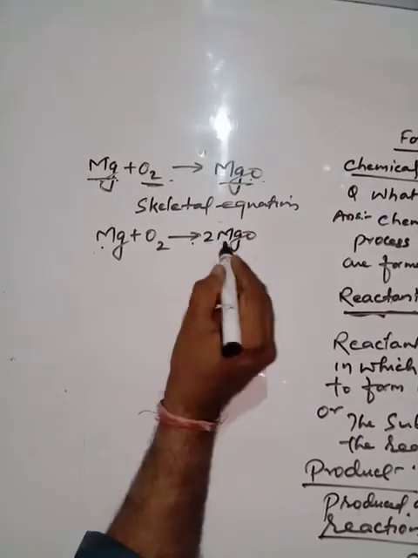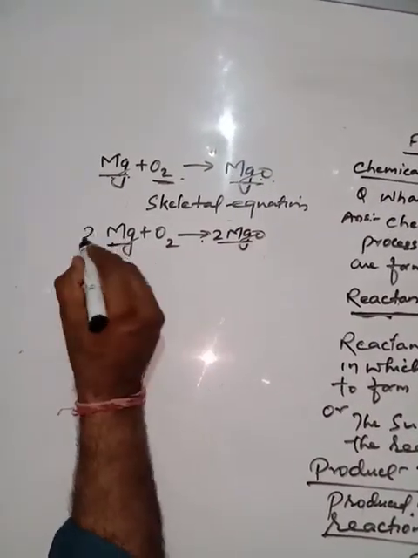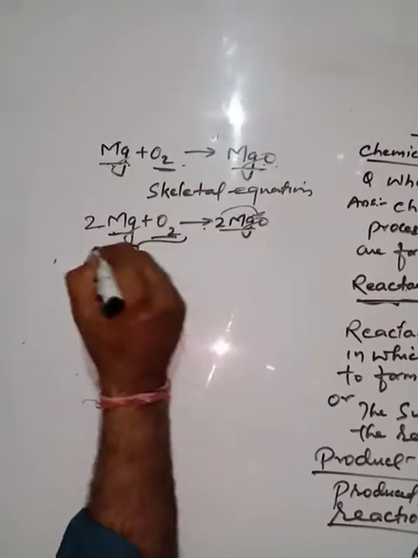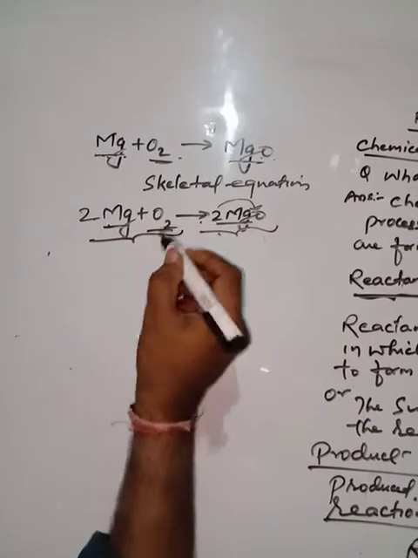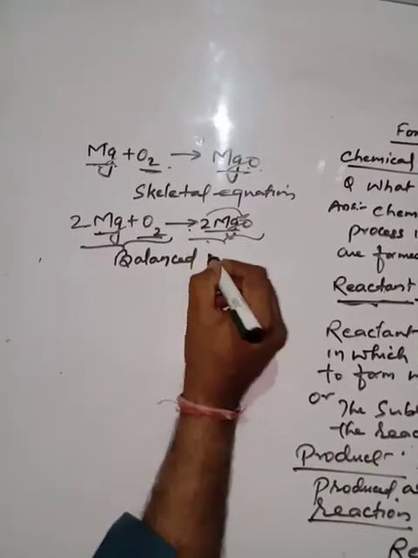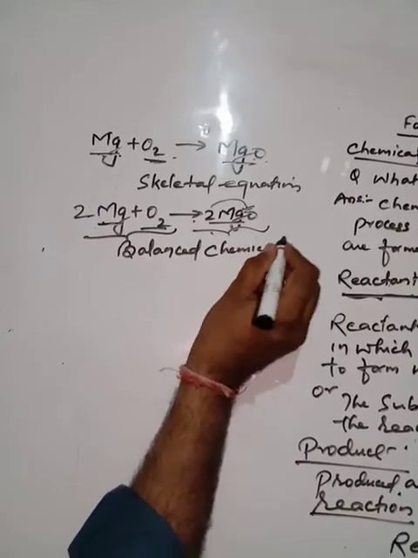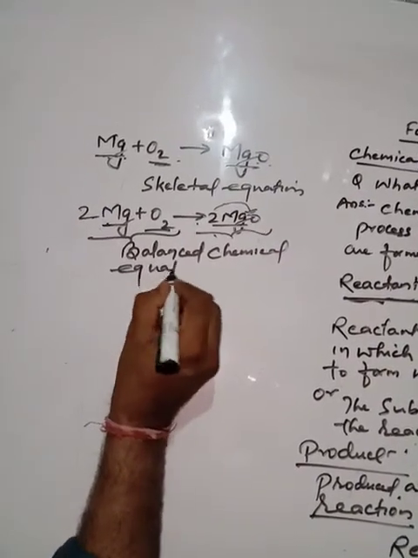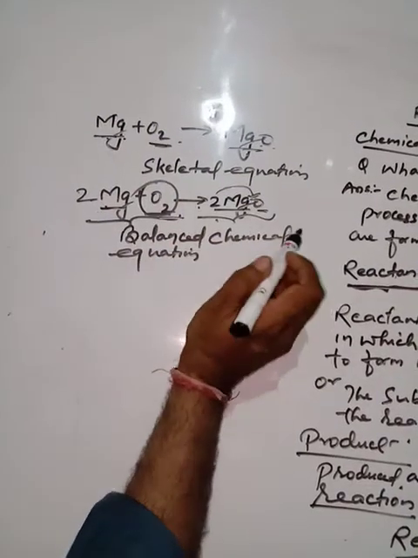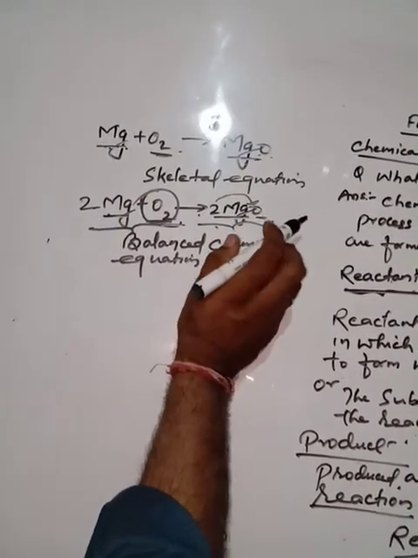So if we write 2 Mg over here and 2 oxygen, and the number of atoms on both sides is equal, then it is called a balanced chemical equation. Then a question comes: how does O2 change to O? That will be discussed just now.